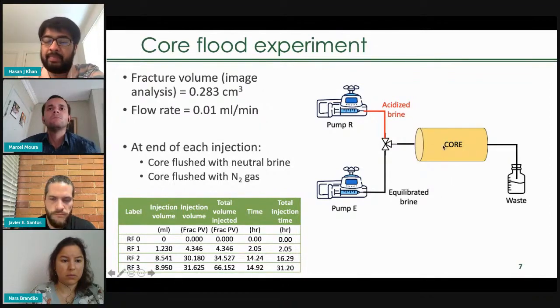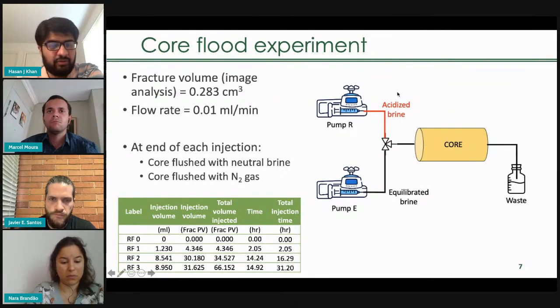The core is connected to two syringe pumps via a three-way valve. Initially, the equilibrated brine is injected inside the core until the core has been completely saturated. Then the switch is flipped, and the nitrogen-sparged acidic brine is injected inside the core.